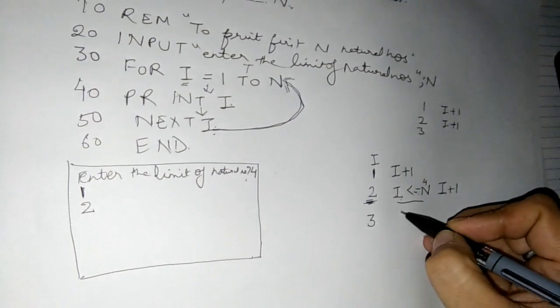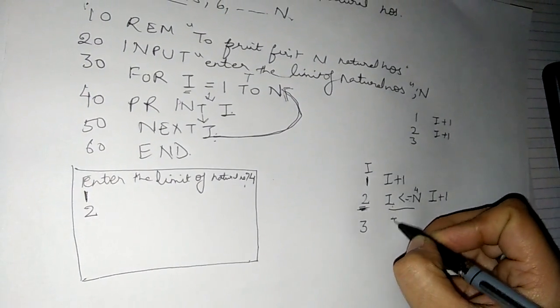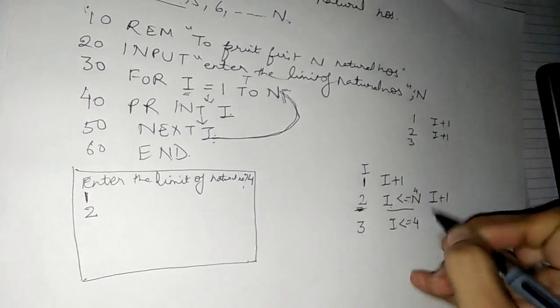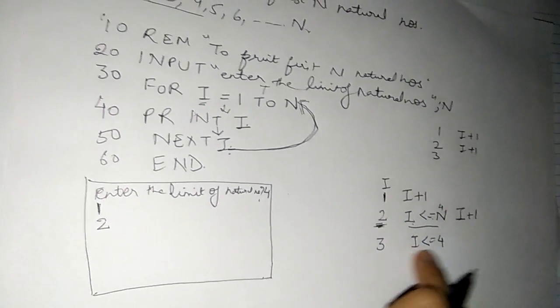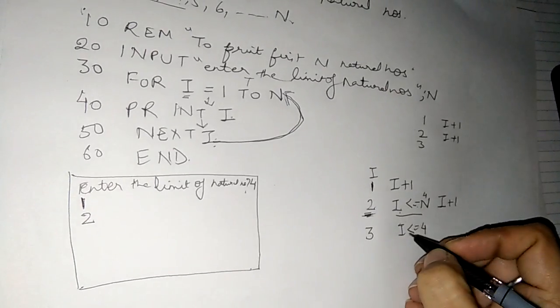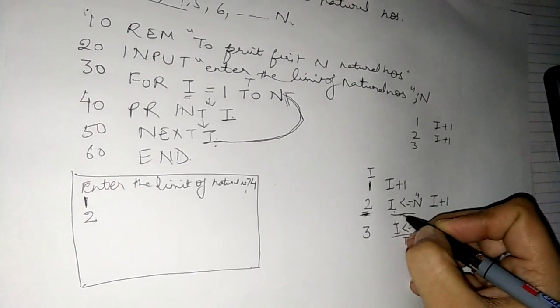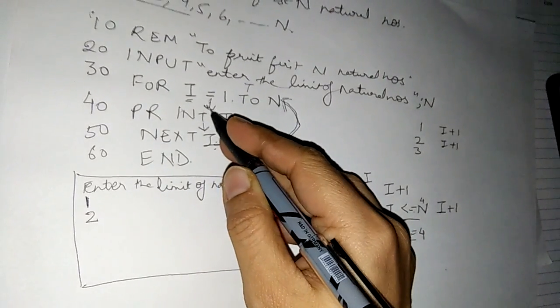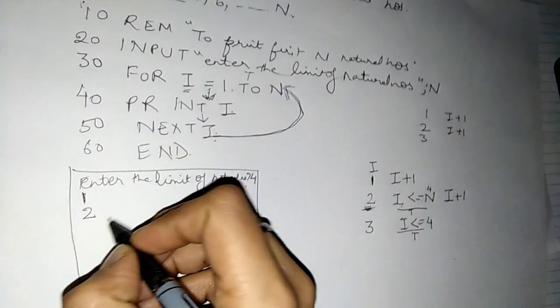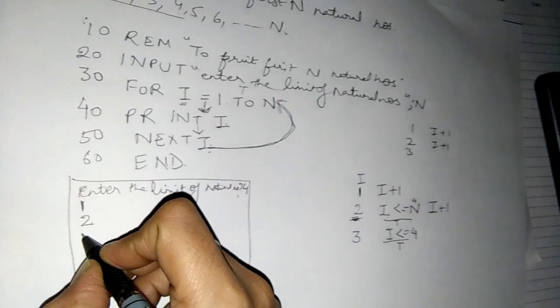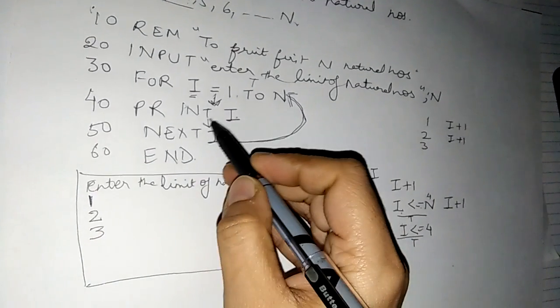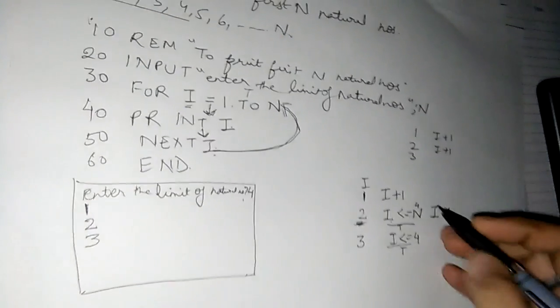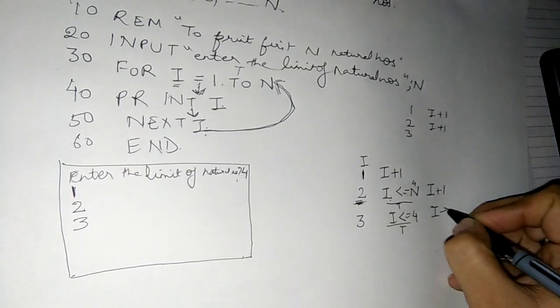Again after NEXT I, the loop will go back to the statement. It will check the condition I is less than or equal to 4, as n is 4. If the condition is true, it will again enter the loop and print the value of I, which is 3. Then again NEXT I means increasing the value of I by 1.